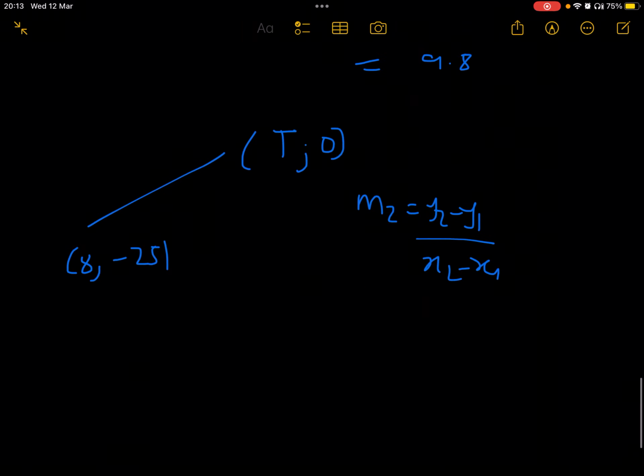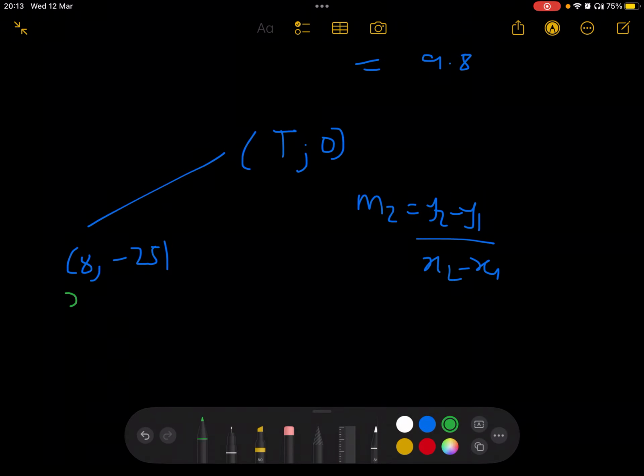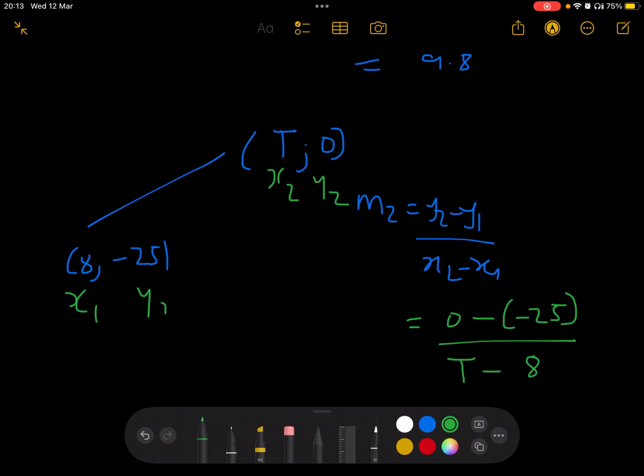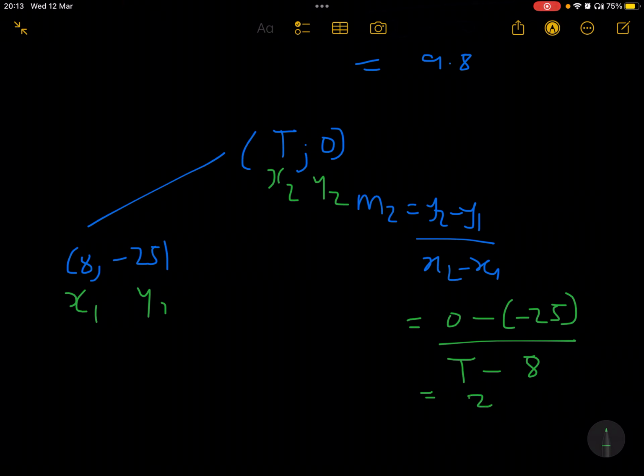So m2 is 0 minus negative 25 over t minus 8, and that gives us a positive 25 over t minus 8.